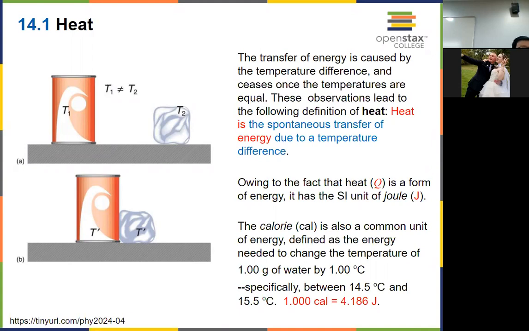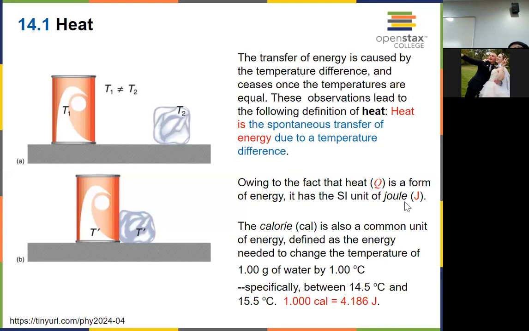In this class, we are going to use the capital letter Q as the symbol for heat. You may see a lowercase q in other textbooks, but it's basically just a symbol. Because heat is a form of energy, it has the same SI unit as energy, the joule.